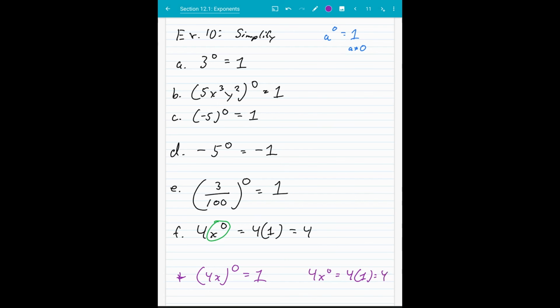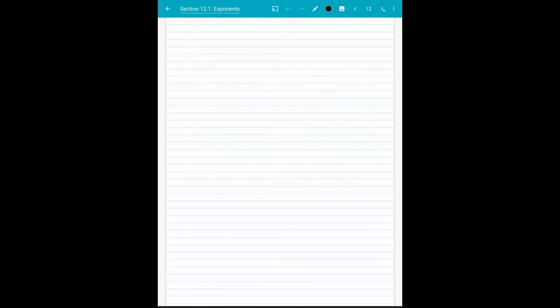Then it's 4. So the way the parentheses are affects everything. So that summarizes all of our different rules for exponents. Now it's a matter of how do we know which one to use. But let's go ahead and summarize all the ones that we've learned by practicing a bunch of different examples.